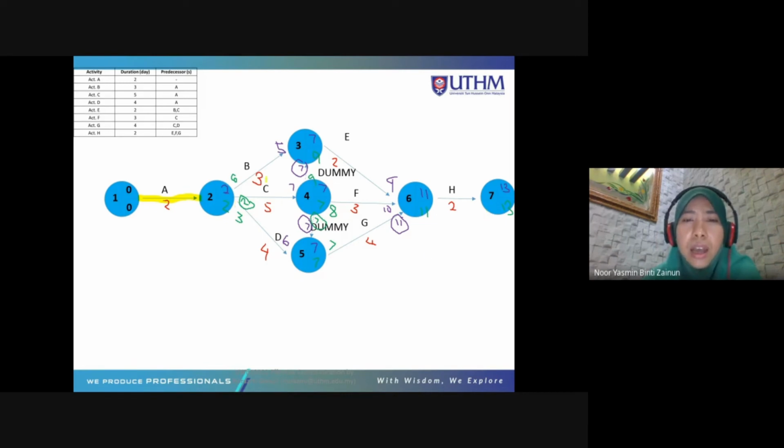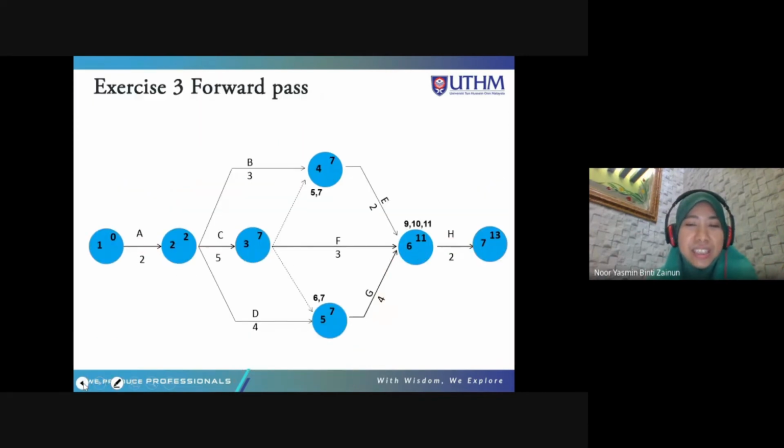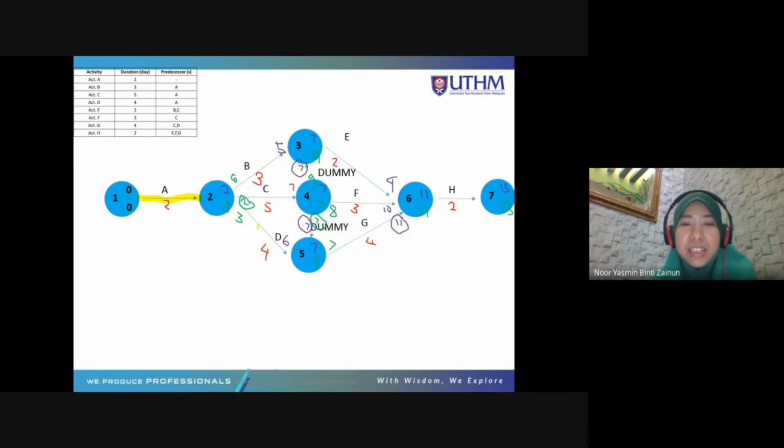After you have determined the critical activities, A, C, G, H. How you determine the critical activity is by doing the graph, okay?